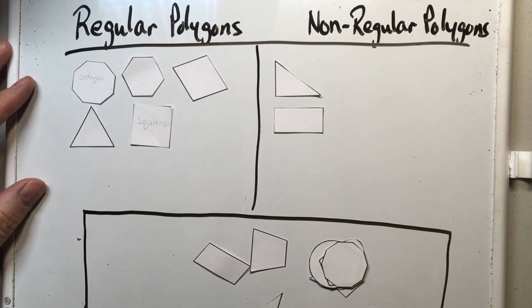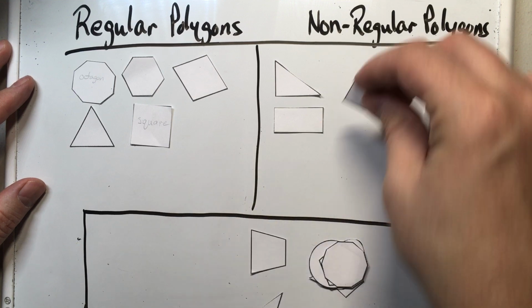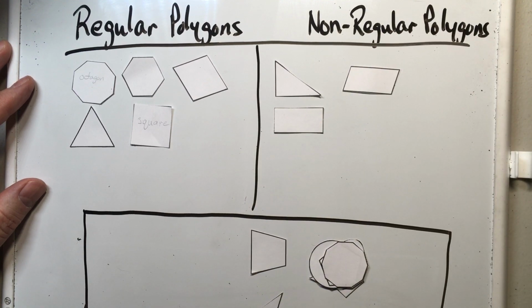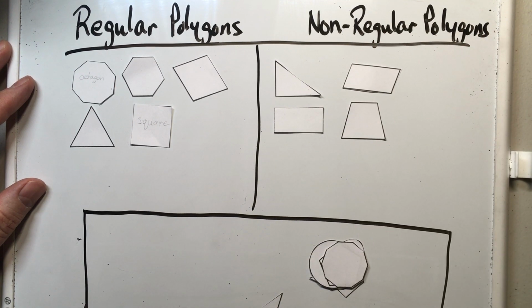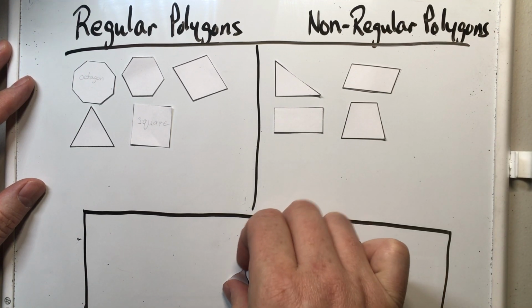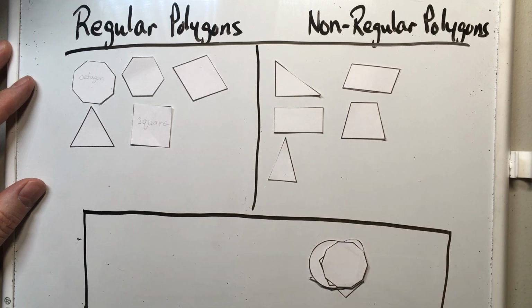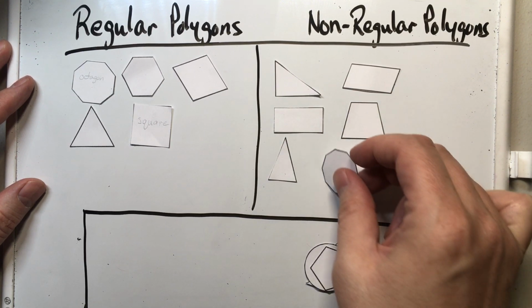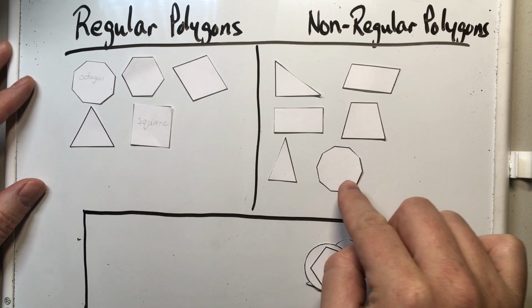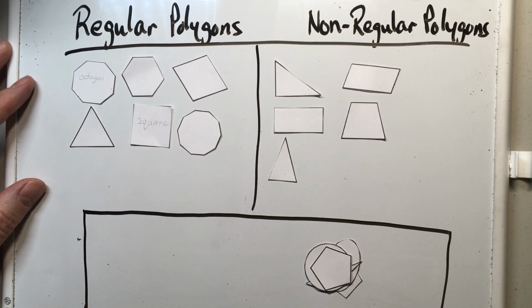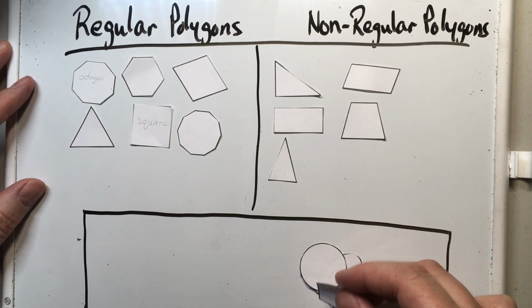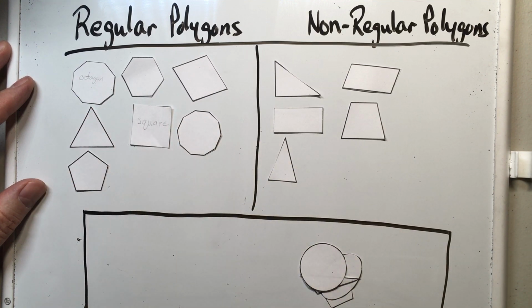The square is. The parallelogram is not. The trapezoid is not. The isosceles triangle is not. The decagon is. This pentagon is.